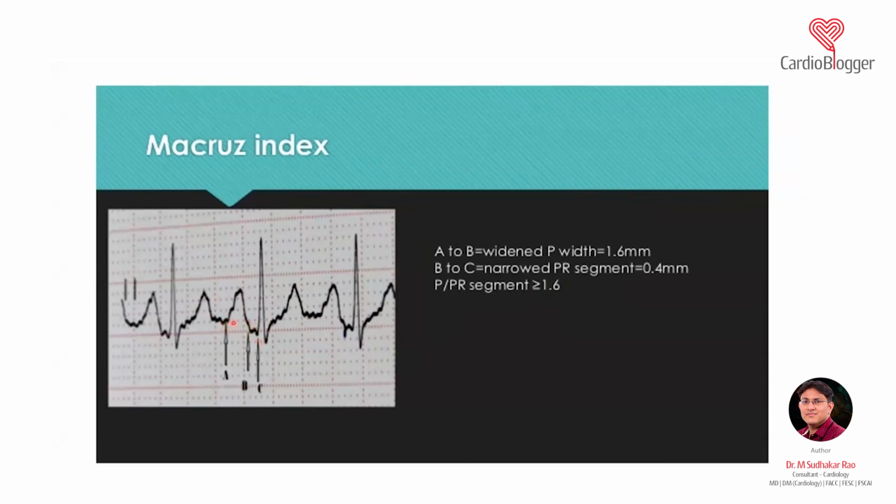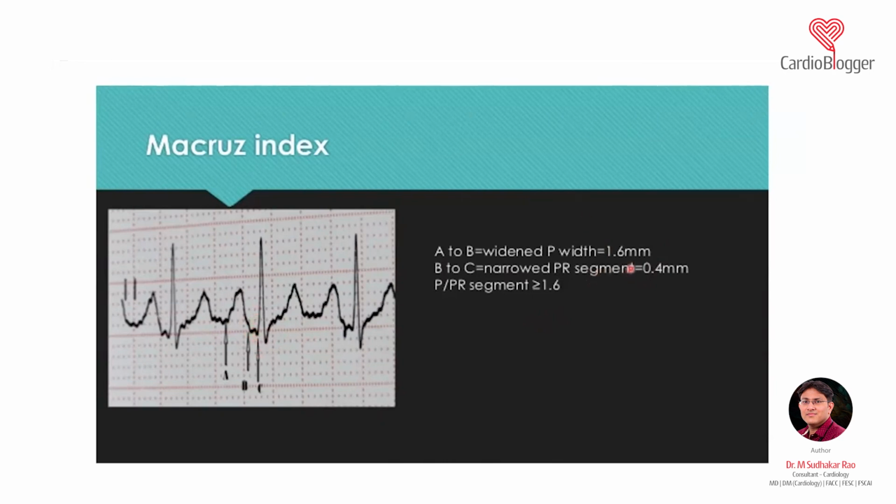So the duration of the P wave is 4 small boxes. It means 0.16 second, because one box is 0.04. And the duration of the PR segment, if you see, is only 1 box from here till here.